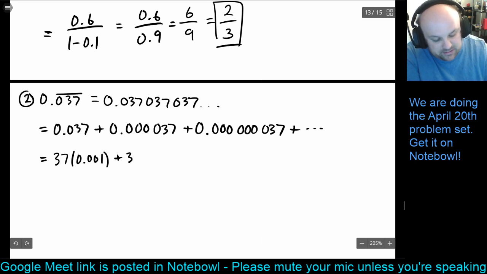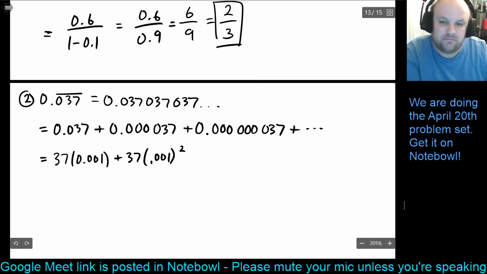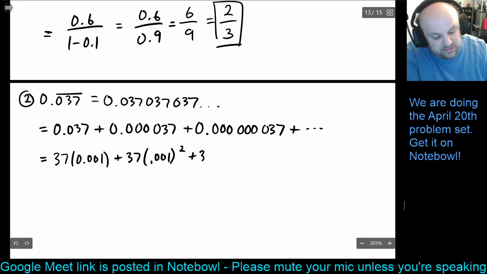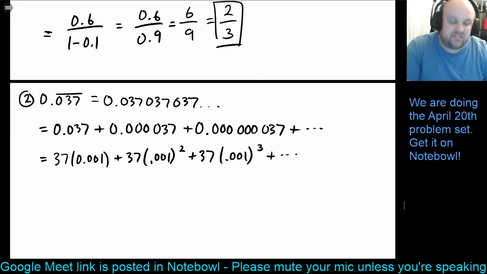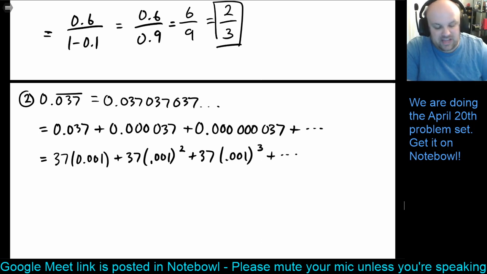Here, this is going to be 37 times 0.001 squared, and this one will be 37 times 0.001 cubed. So exact same procedure as last time, but now instead of 0.1 as the ratio, it's 0.001. It should have as many digits as the repeating part here. Probably pretty reasonable to expect that.